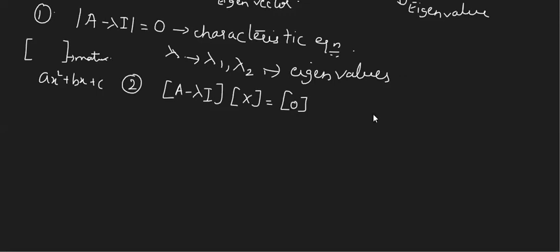You take A minus lambda I, then X depending on the order of A. Suppose A is a square matrix of order 2, then X you write as x1, x2, or x1, y1, or only x, y. Your choice. If it is of order 3, then you write it as x, y, z. This is the column matrix X.